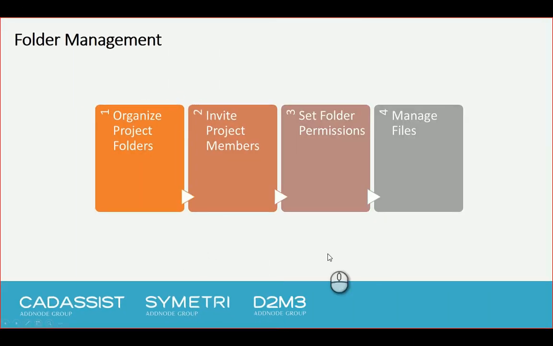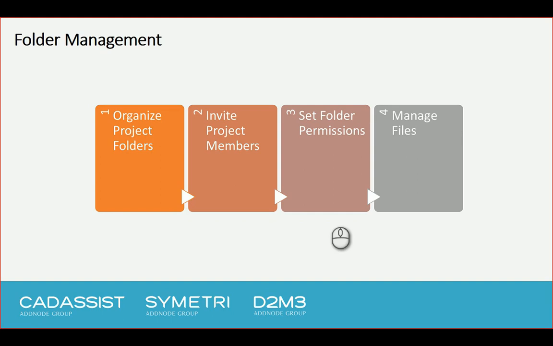So within folder management, what is it that we have to do? First of all, we have to organize our project folders into the correct setup. We then need to invite the project members in order for them to work on that project with us. We need to then set up folder permissions. So we need to be able to say, right, okay, within this file, I only want X, Y, and Z to be able to be playing around with it.